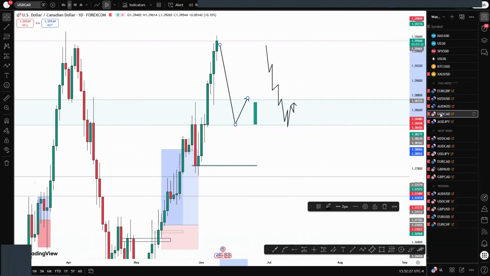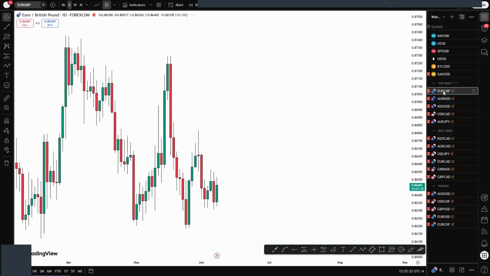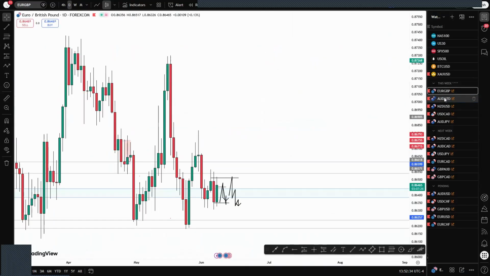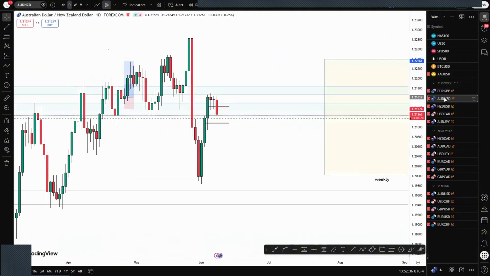So by the look of things, you can see that EURGBP and AUDNZD are the ones that are a bit likely to give us a trade for now. We're still weighing out our options.